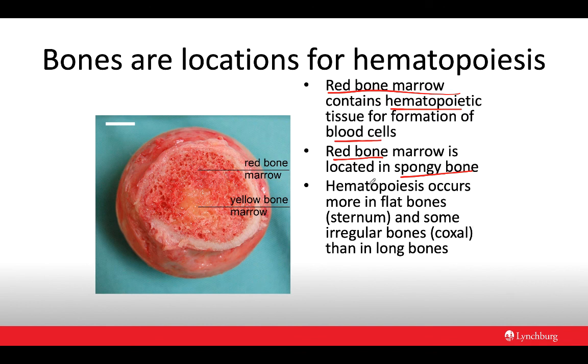And just the fact that hematopoiesis does happen to occur more in flat bones, like the sternum is a pretty big hotbed for hematopoiesis, as well as irregular bones, like your coxal bones, your hip bones. So if they need to take a sample of your bone marrow, they'll typically do it from your pelvis. Your long bones are not really that active with blood cell formation.